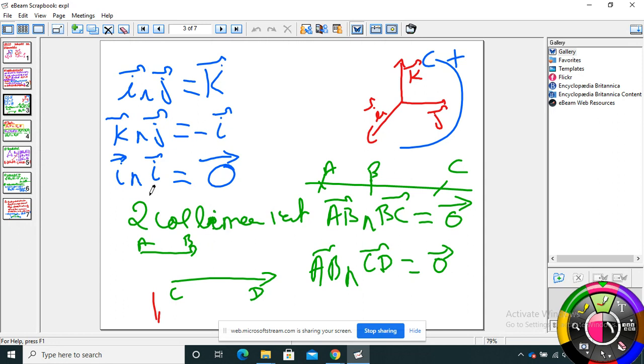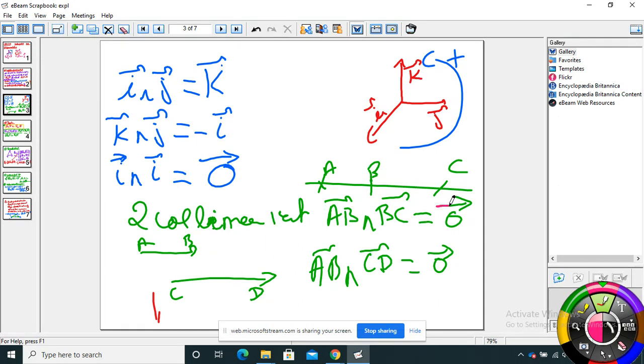We said that when I do a vector product, it gives me another vector perpendicular to the plane formed by the two other vectors. But since AB and AC are on the same line, they don't form a plane. That's why I cannot talk about a vector product, so the vector product of AB by AC is equal to the zero vector. So always, if we have collinear vectors, the vector product is 0.